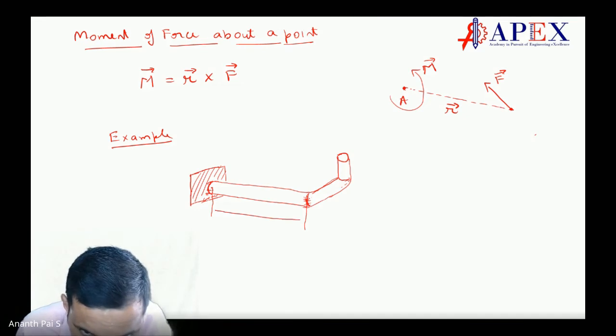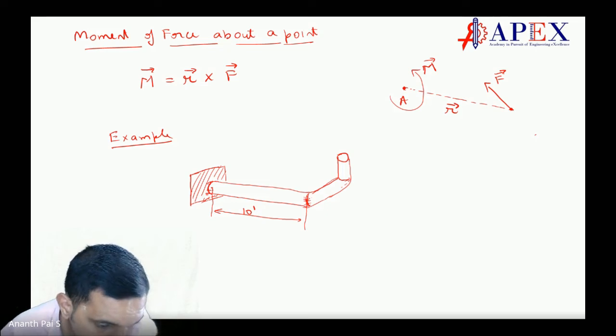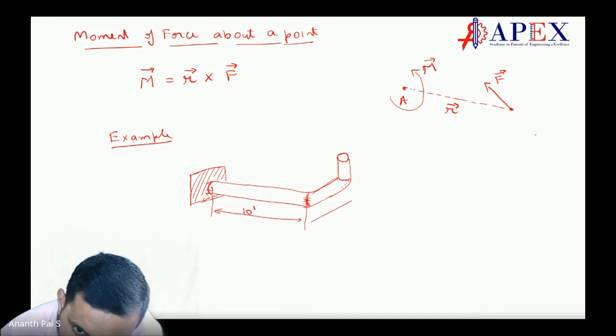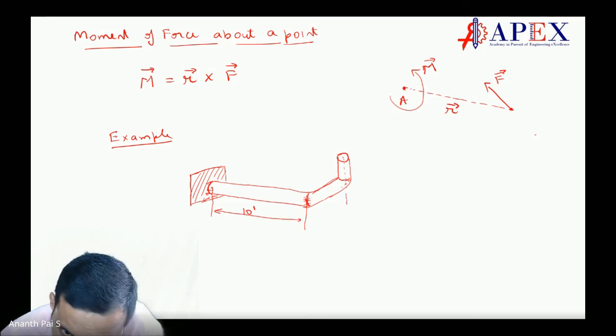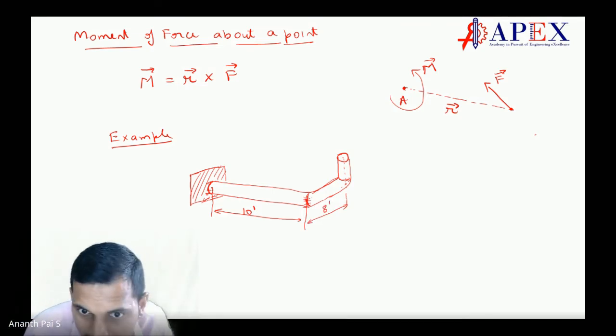Let us say it is 10 feet. And this distance over here, from this to this line, let us say it is 8 feet. Then this distance from here till here is 4 feet.